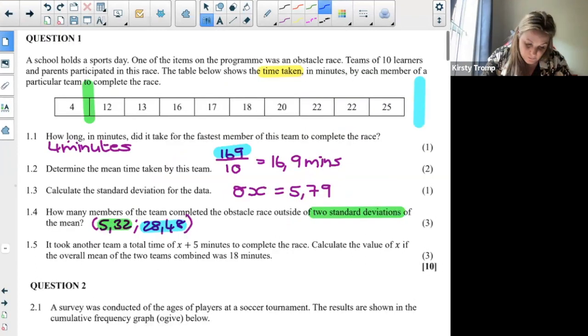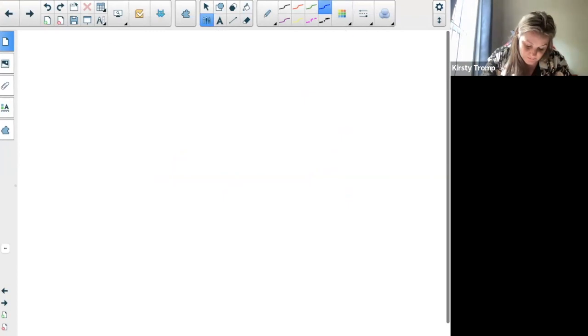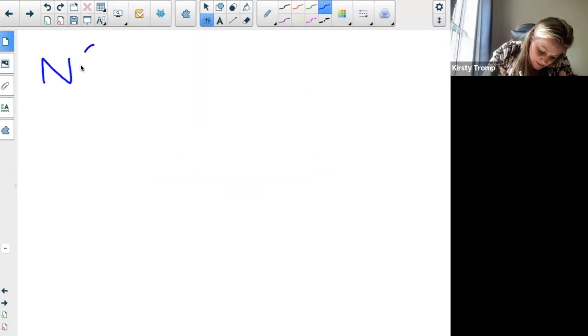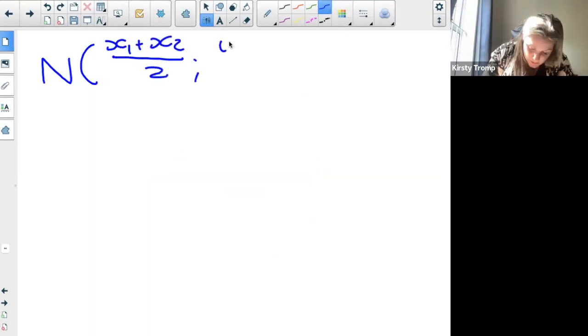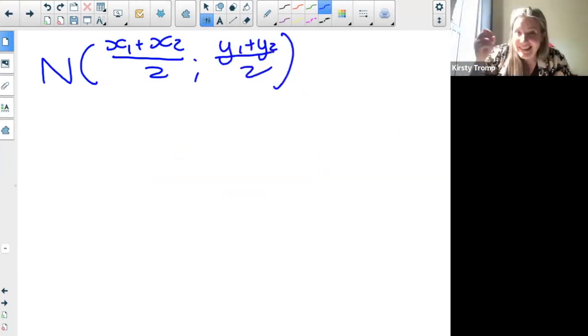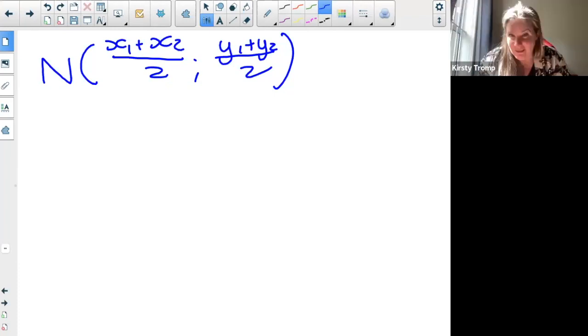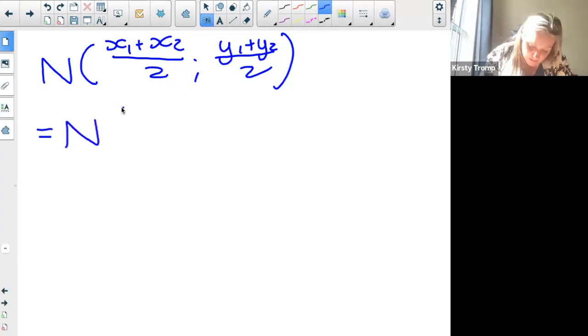To get N, I would have said x1 plus x2 over 2, y1 plus y2 over 2, because N is the midpoint. It's cutting it in the middle. So I would have used that to get N. But now we already know what N is. I'm going to keep saying N for now.